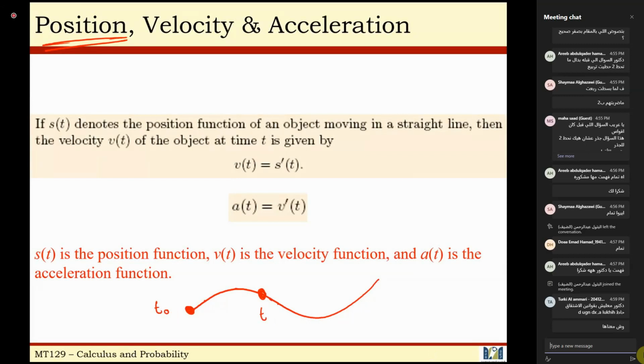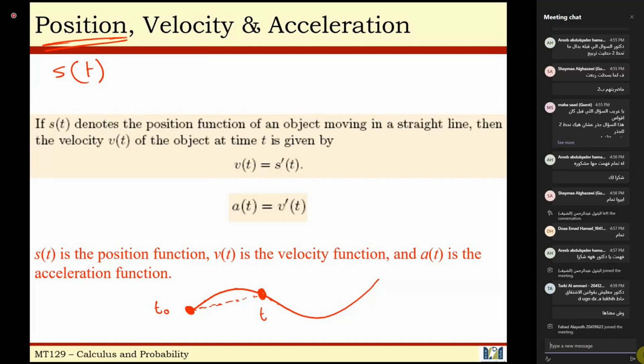So we have the position, the distance of the object from t naught to time t. This is the position, denoted by s of t, which is the distance between the object and its starting point until it arrives.